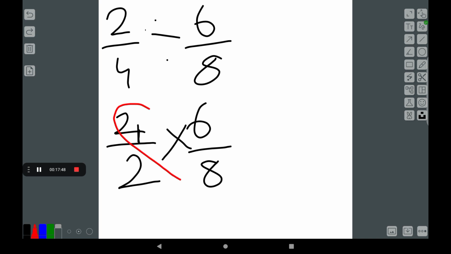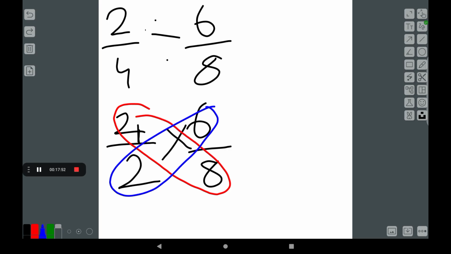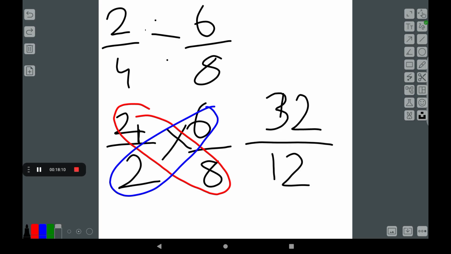So then we will follow the butterfly method or cross multiplication method. So the answer would be 4 into 8 equals to 32, and 6 into 2 equals to 12.